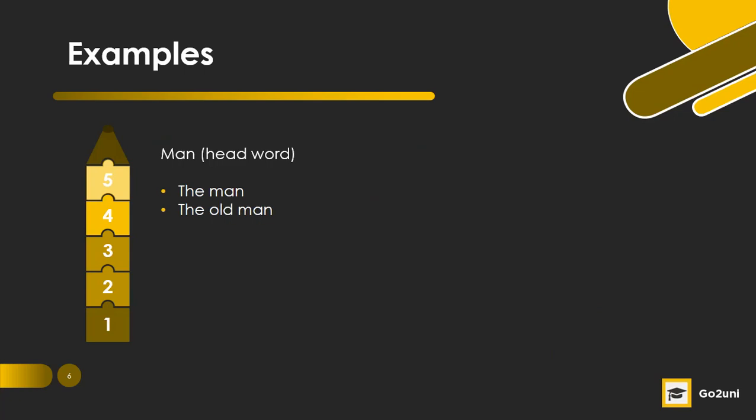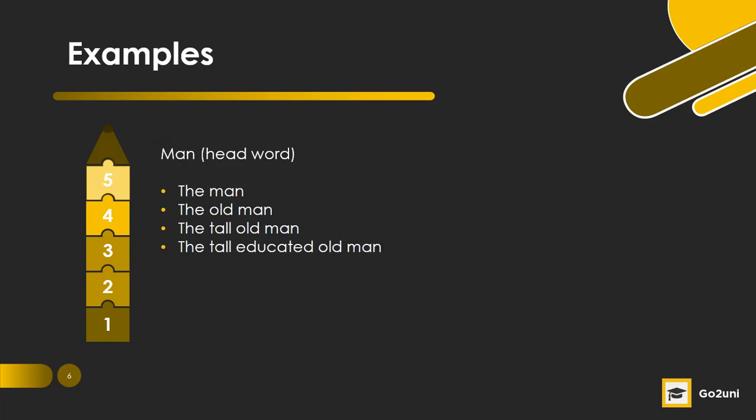Another example is the old man. The old man also is a good example of a noun phrase. This time around you have a noun, an adjective, and a determiner. Another example is the tall old man, where you have a noun, an adjective, another adjective, and a determiner.